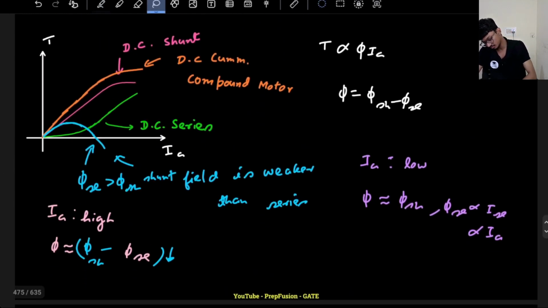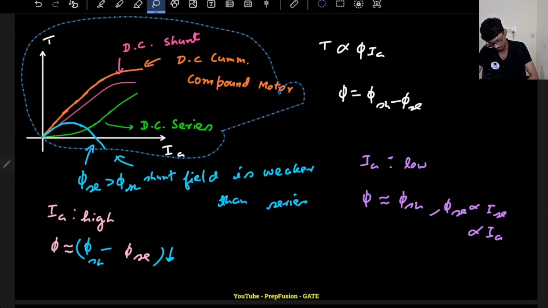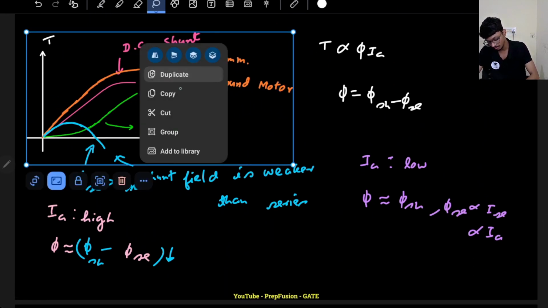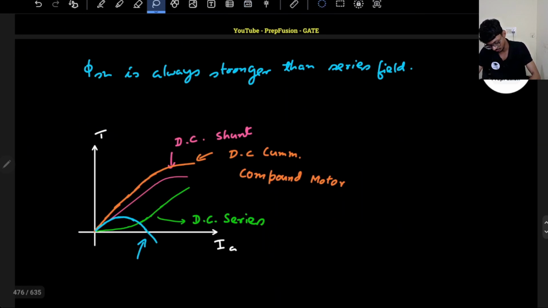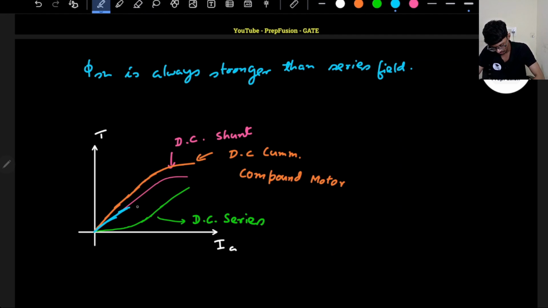In those kinds of cases, although here also there will be reduction in the torque, it is not that high. Also the direction won't be reversed now.